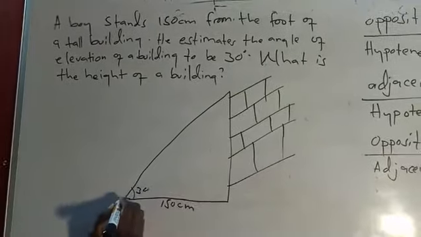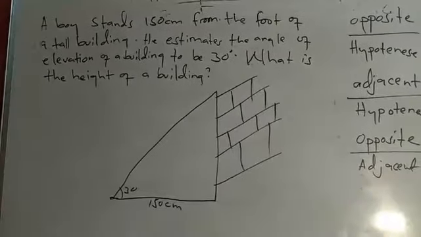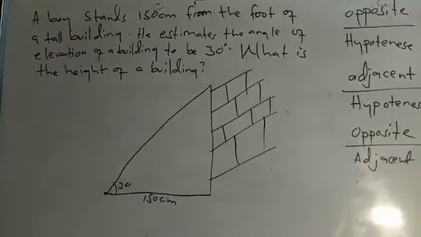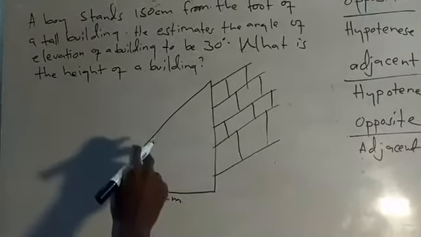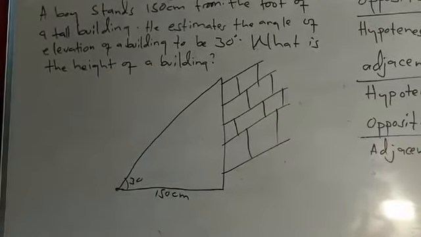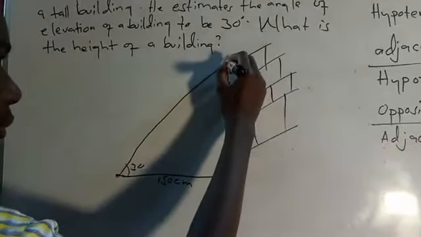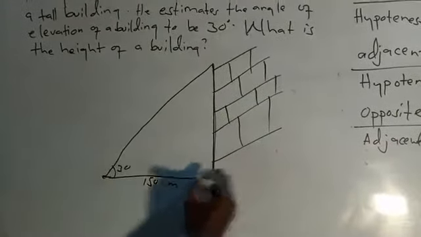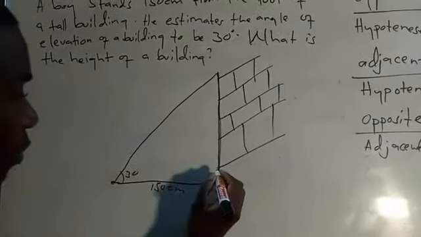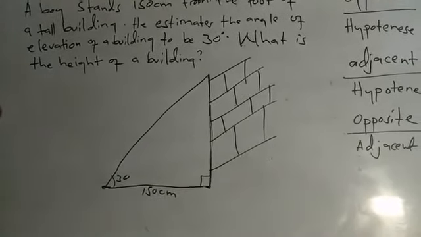The boy is here, and they have told us to find the height of the building, which is here, which is the opposite, because this is 90 degrees.